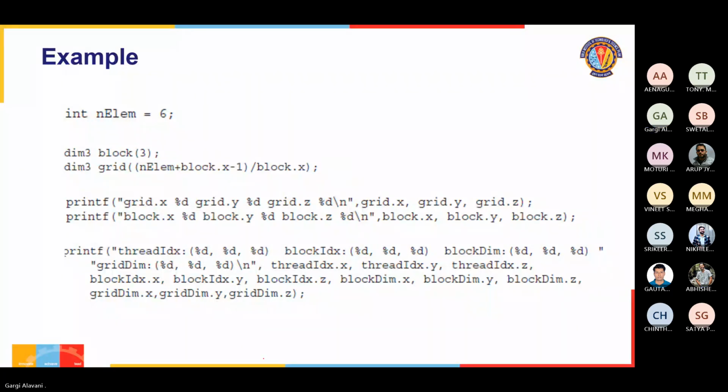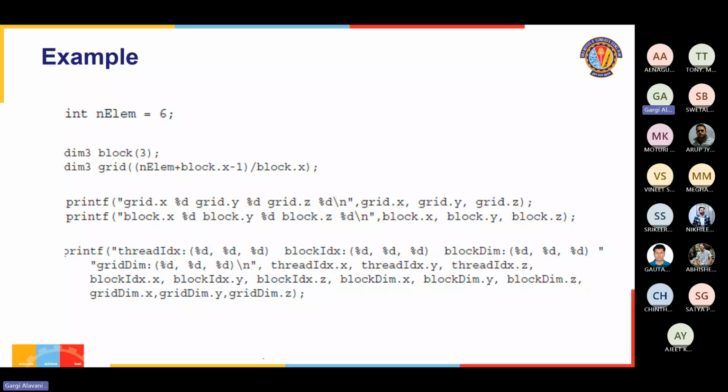The grid size is number of elements plus block size minus 1, divided by block size. Sorry, the number of elements is 2. It is 2 plus 3 minus 1, which is 4, divided by 3, which gives you 2. So there are 2 blocks of 3 threads each.